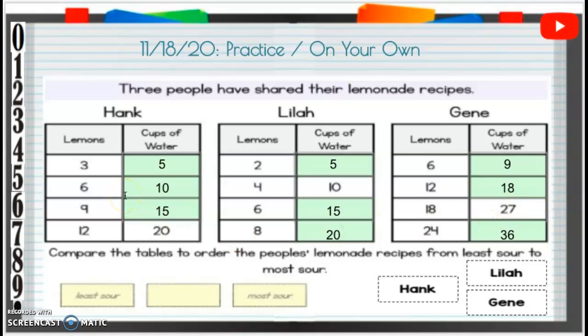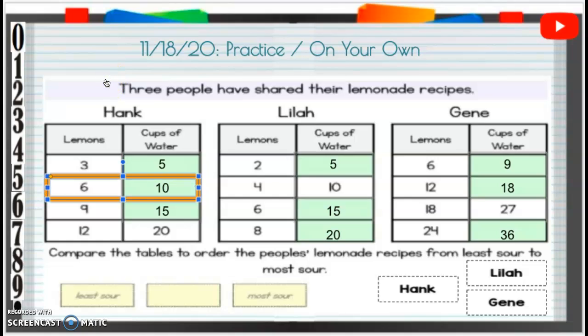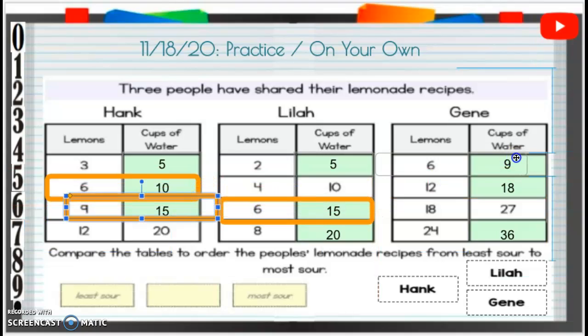So I'm going to look at those 6 lemons. Make that transparent. I'll make that orange. All right, so 6 lemons there. Here's 6 lemons. And then here's 6 lemons.